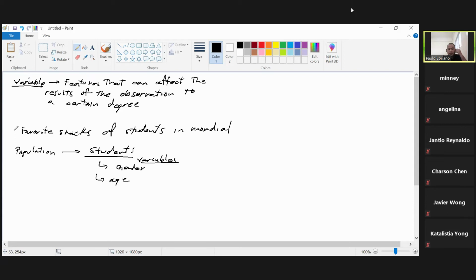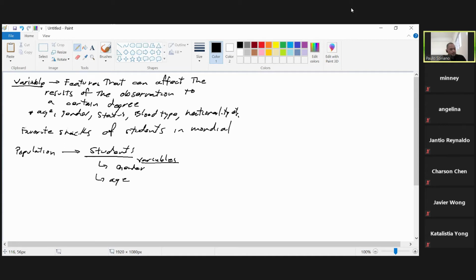So when you are trying to find an answer to a certain problem, you need to be open to different variables as well. So age, gender, status, blood type, can be nationality. So that is now your variable.